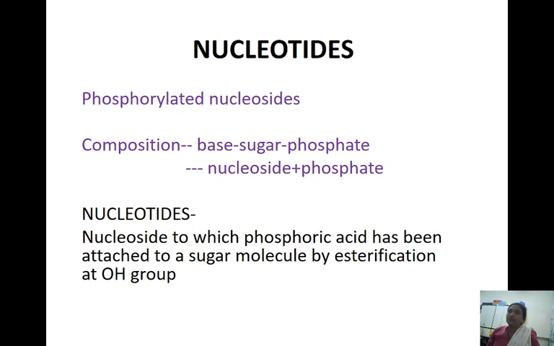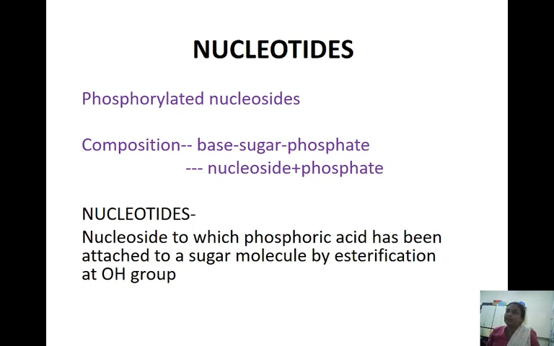If the sugar is attached to a base, a nucleoside is formed, and if phosphate is attached to the sugar, a nucleotide is formed. Listen, sugars are attached to the base to form a nucleoside by beta N glycosidic bond, and the OH groups of the sugars are esterified with phosphoric acid to form a nucleotide.